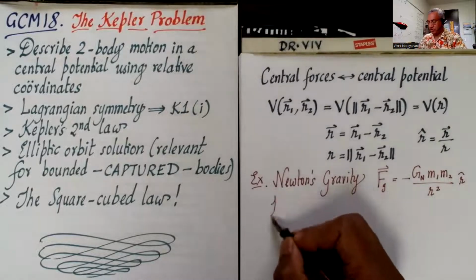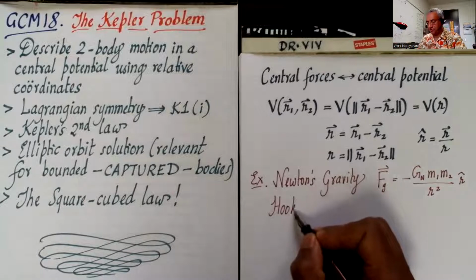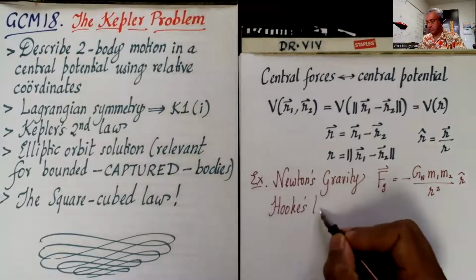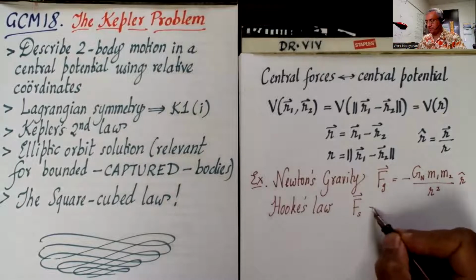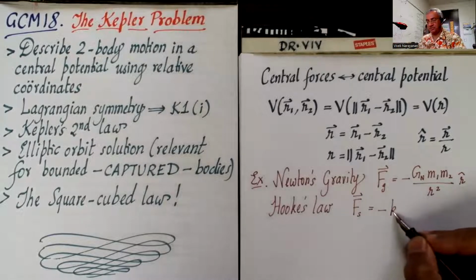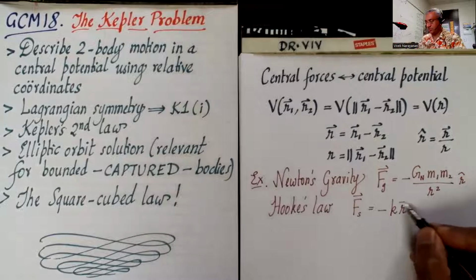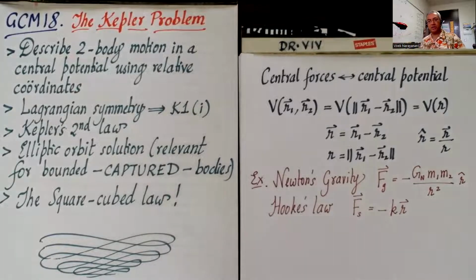Another famous law is Hooke's law in 3 dimensions, and that is the force of a spring is negative k times r. So if you assume that the sun and the planets are connected by a spring, then this would describe the force of interaction between them.